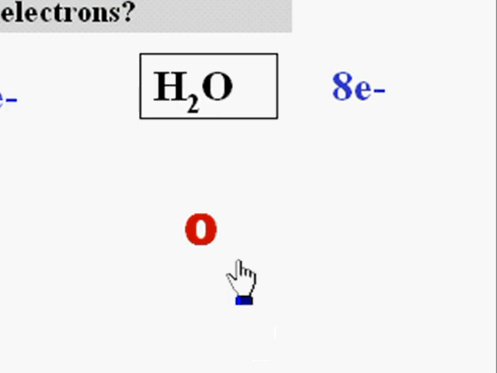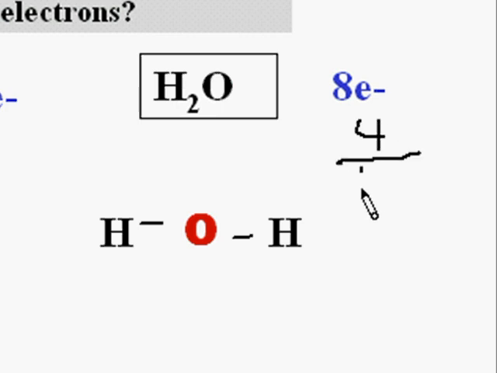Water. Central atom is oxygen surrounded by 2 hydrogens. Let me bond those hydrogens to oxygen. It requires the use of 4 electrons. When I subtract it, I have 4 electrons left. I notice hydrogen is happy because they have the use of 2 electrons, but oxygen needs to have 8.